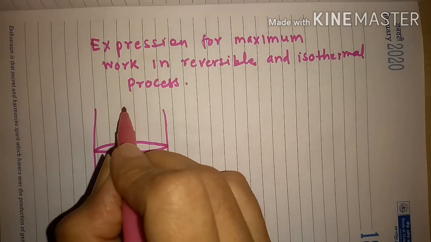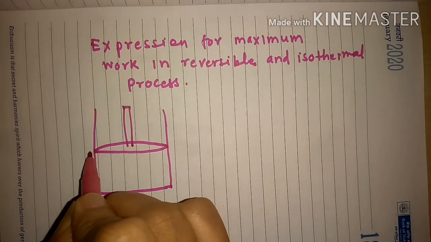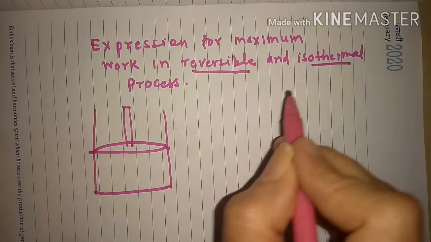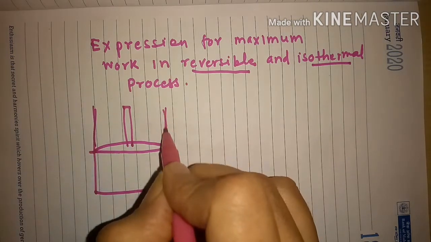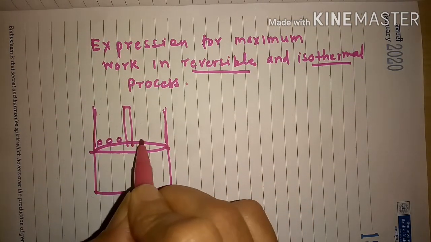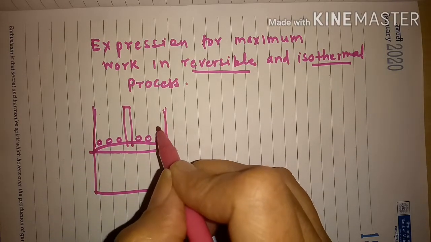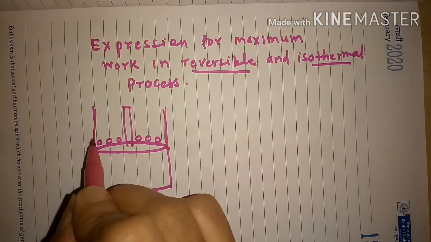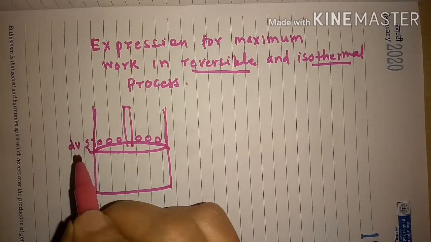So this is the piston which is kept here. This gas expands reversibly and isothermally, meaning at constant temperature. As I explained in the earlier videos also, reversibly it can be expanded if you put some weights over here, and if you remove a small weight or small mass from here at a time, there will be a very small change in the volume, which can be denoted as dV.